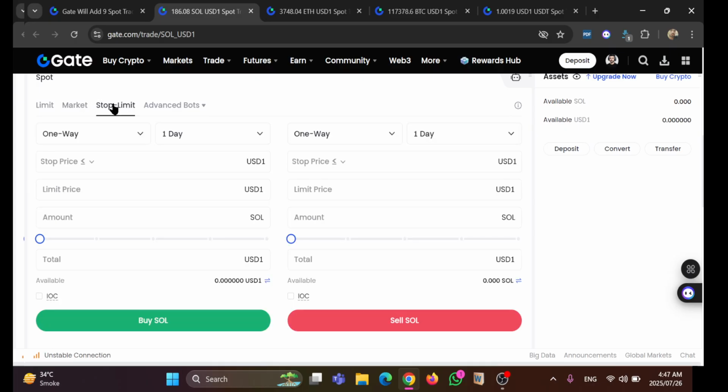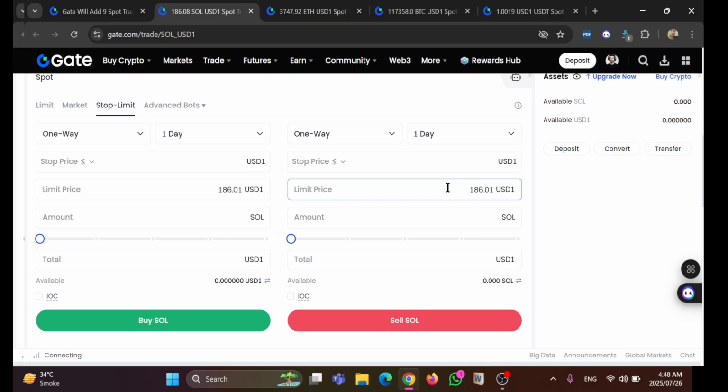And there is stop limit. You can set the limit price here, and you can set the stop limit here. It means you want to buy at this price, but it will stop when the price is less than that or greater than that. And here is the sell stop limit. In this, you can set your stop limit and the price you want to sell at.